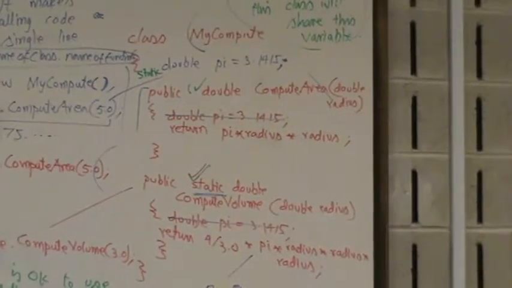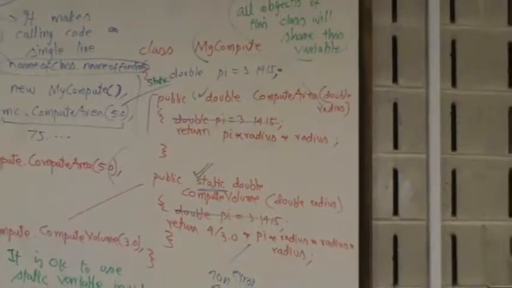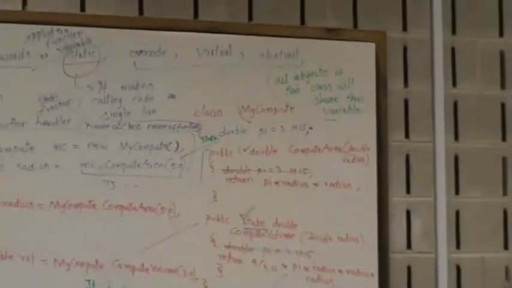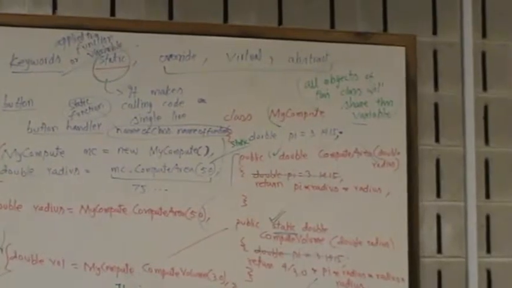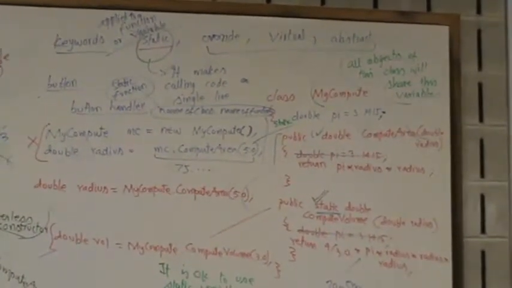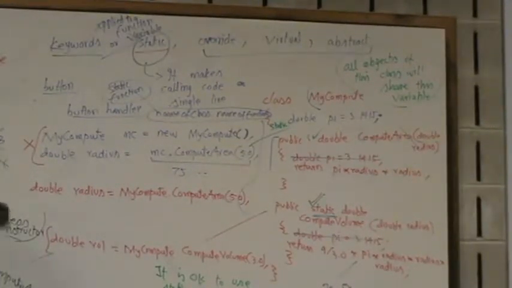Okay, now let's take a look at these three concepts. They are a little bit harder, so pay special attention, because once you understand those three concepts, the rest of our learning of basic object-oriented programming will be extremely easy.